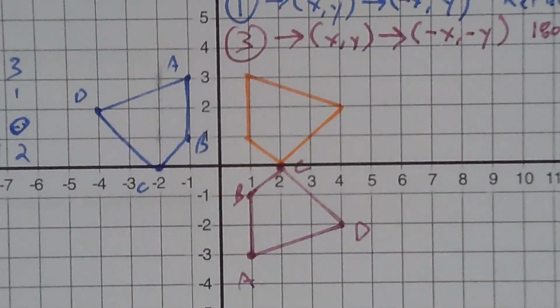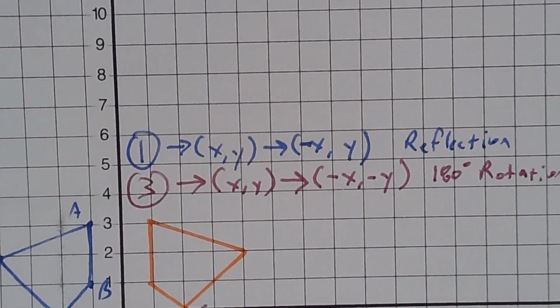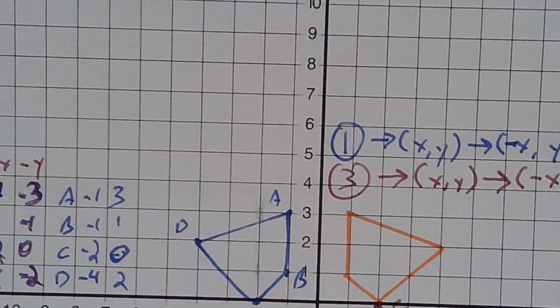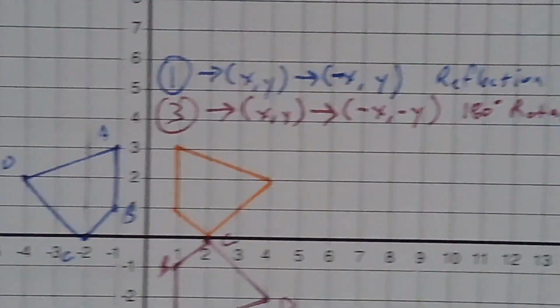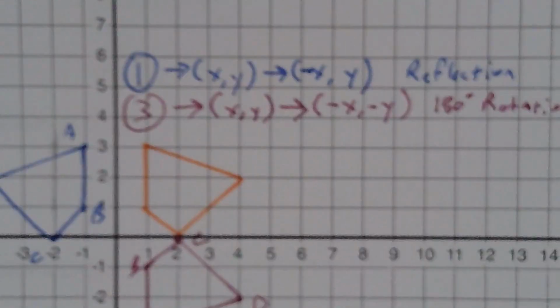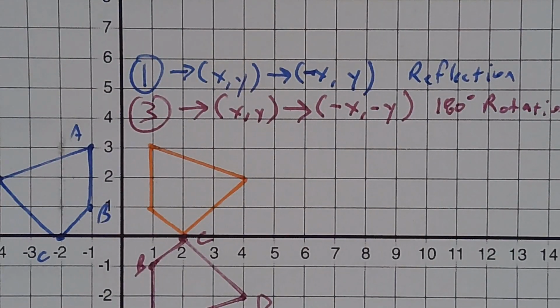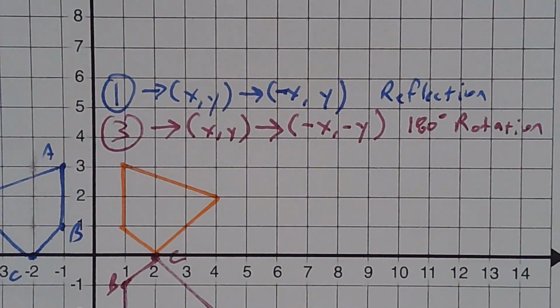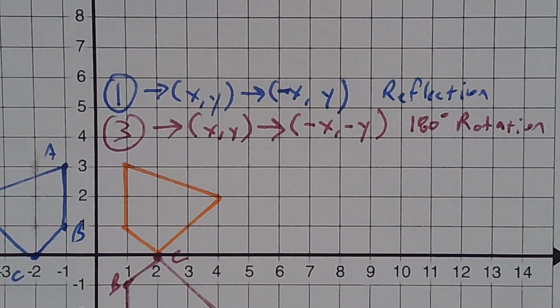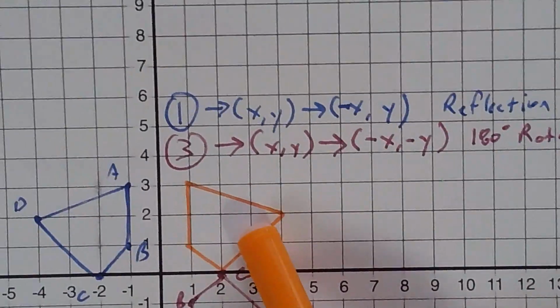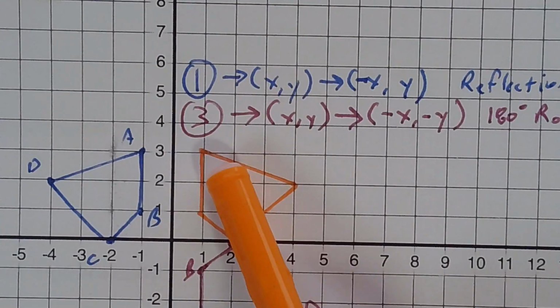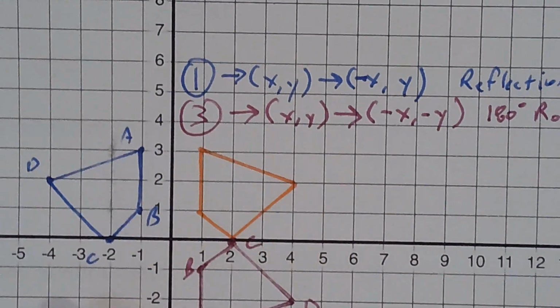Okay, so let's see if that is commutative. So we're going to start and see what would happen if we took this orange one here and did a 180 degree rotation of that. All right, so if we rotated this first, with a 180 degree rotation, it would end up over here.